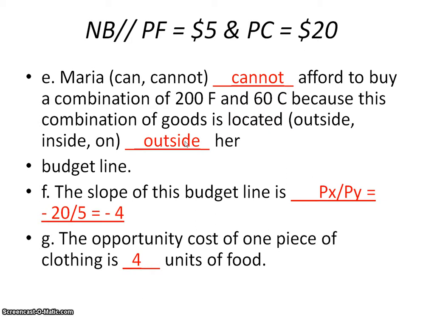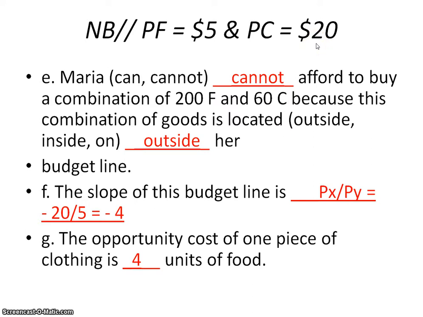We know that Maria's income is $2,000. Given that the price of food is 5 and the price of clothing is 20, a combination of 200 units of food, 200 multiplied by the price of 5, gives us $1,000, and then 60 units of clothing multiplied by the price of 20 gives us $1,200.